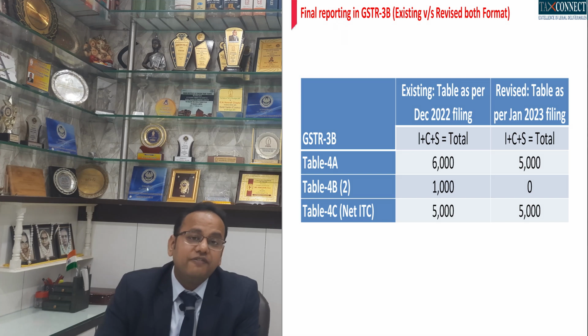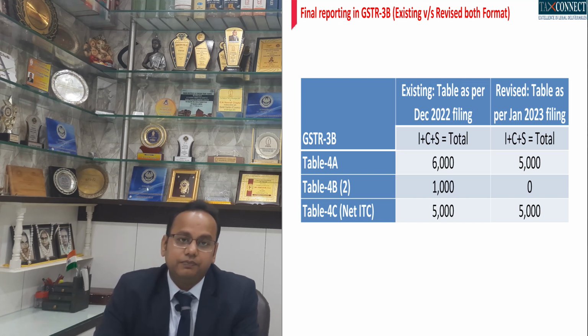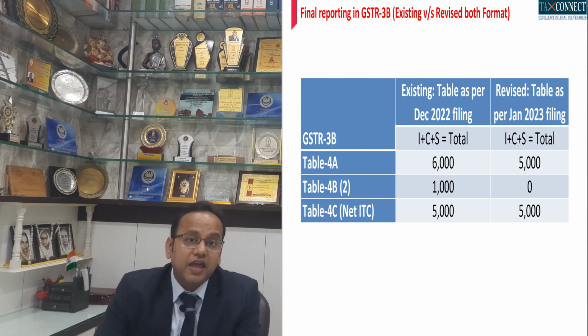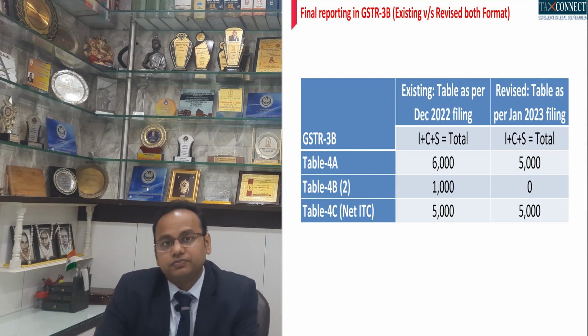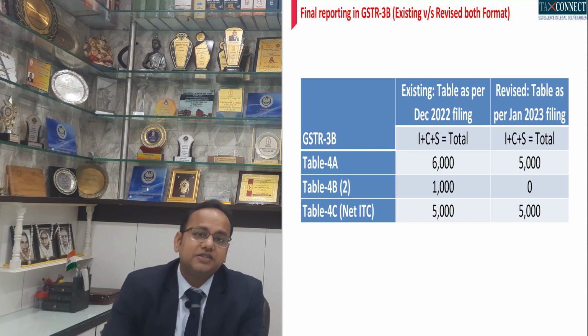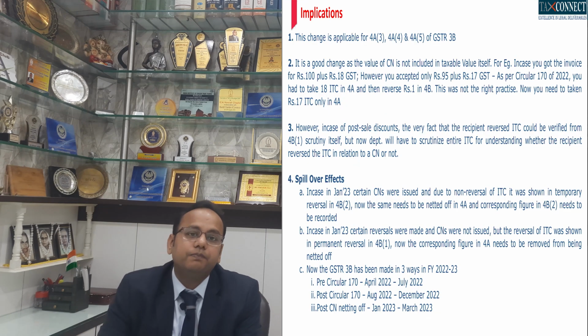Now, you have to take, and it would be auto populated, the net only of rupees 5,000 in table 4A itself. Let us understand by means of an example.